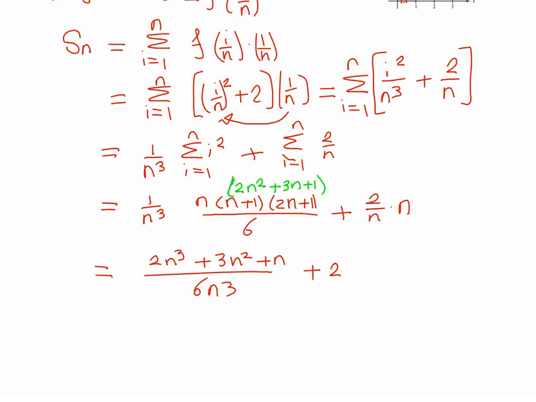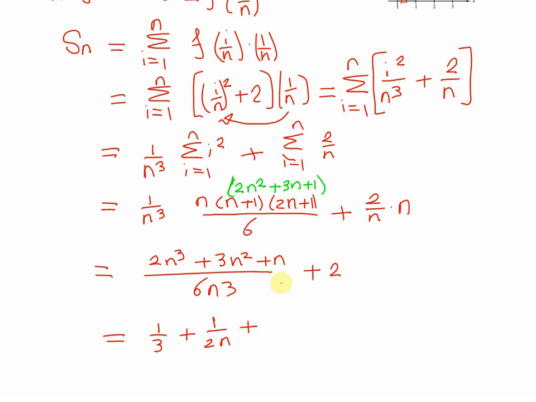Now, I think that I can take 1 over 6 as a common factor here. We can divide each term by the denominator itself. 2 over 6 is 1 over 3, n cubed over n cubed cancelled, plus 3n squared over 6n cubed is 1 over 2n, right?